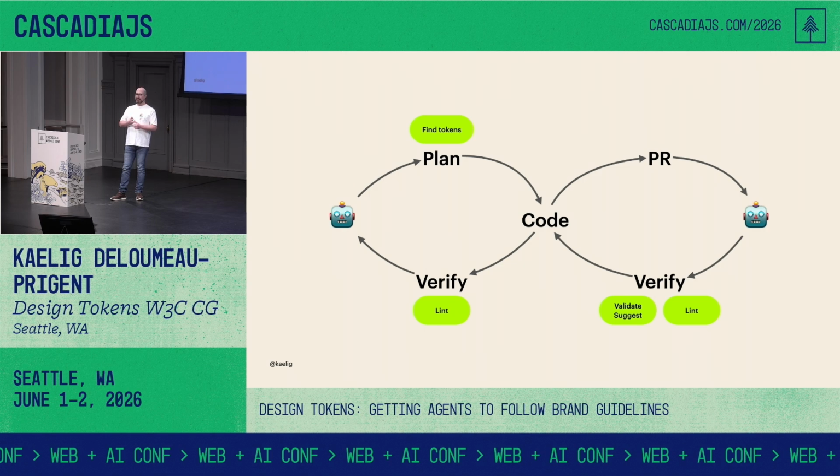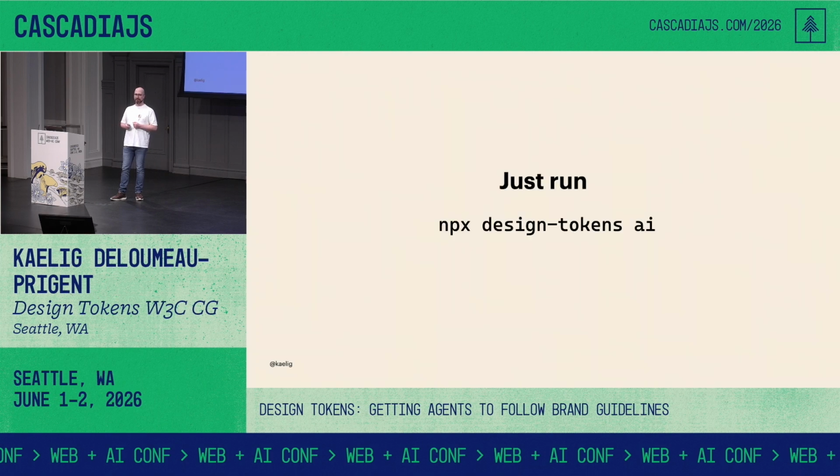Verification, there's going to be some linting. There's going to be a little bit more of a kind of judge of your design system entering into play here. And then at the PR level, you also typically want that last verification and so on. It just keeps that feedback loop going.